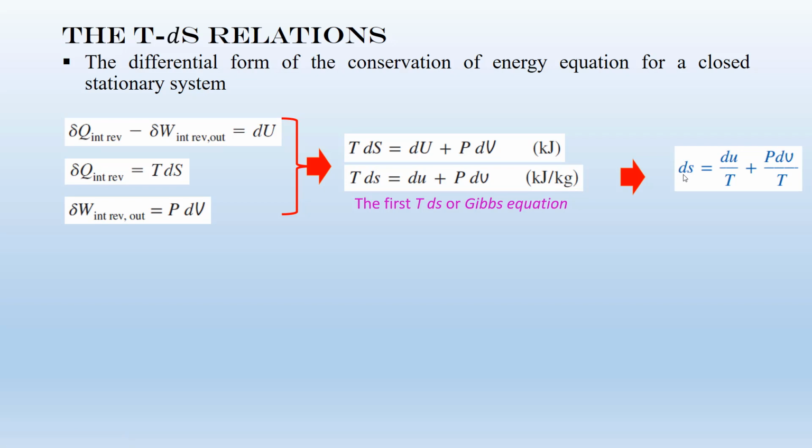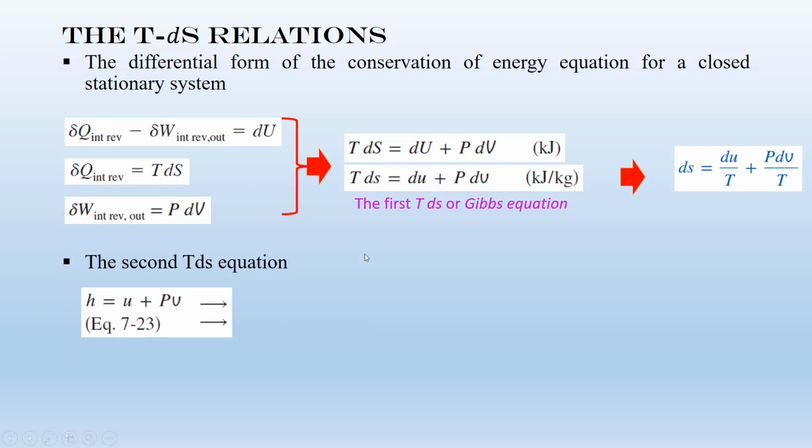What is the second Gibbs equation? You can start from the definition of enthalpy. If you remember, enthalpy is U plus P nu. If you write the differential form of this equation, you can write dH equals du plus P d nu plus nu dP, correct?